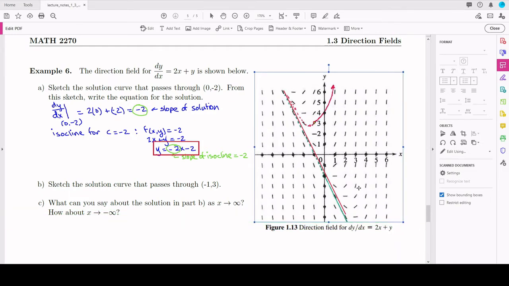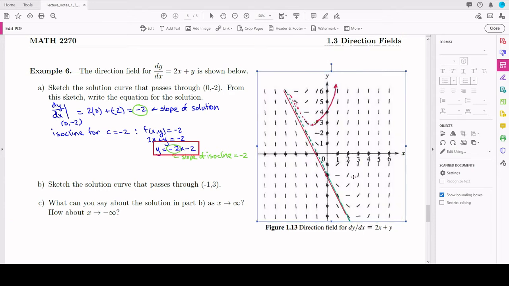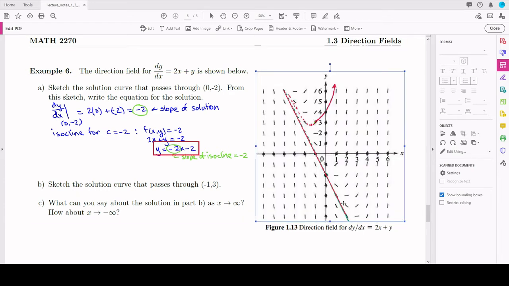Here's our original solution, and then a solution through negative 1, 3 starts here, goes up for x getting larger, and if x gets smaller, then it looks like that. So that's the solution curve that passes through negative 1, 3.